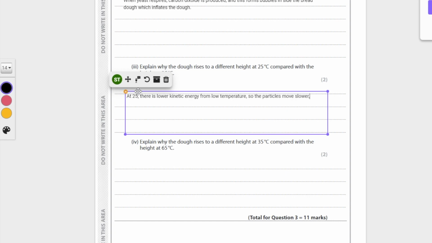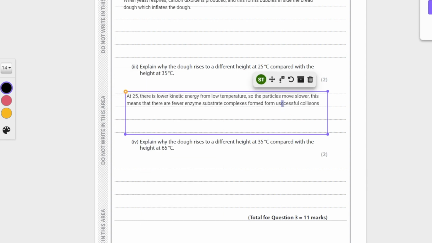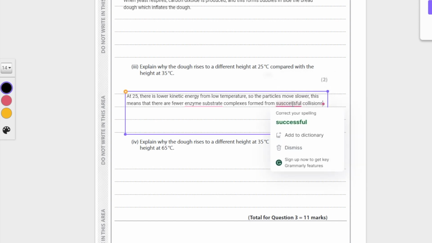This means that there are fewer enzyme substrate complexes formed from successful collisions. Excuse my spelling, I'm very sorry. You can also say that it's further away from the optimum of the reaction, anything like that.